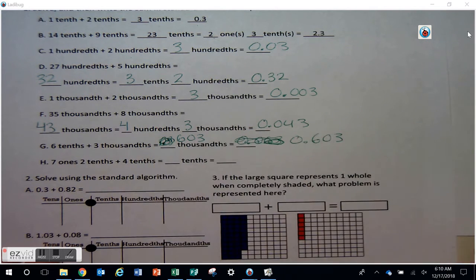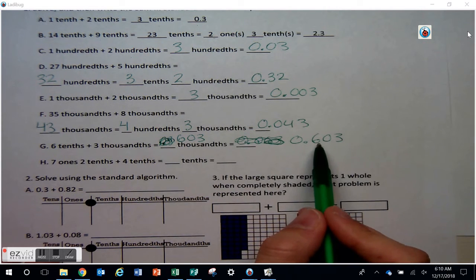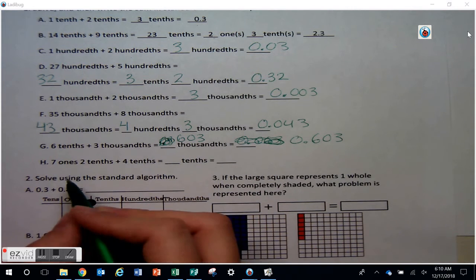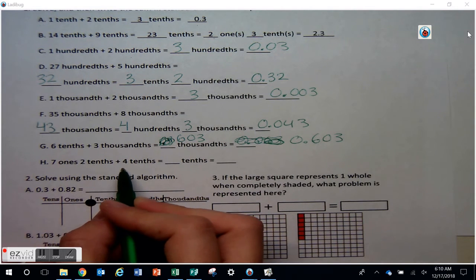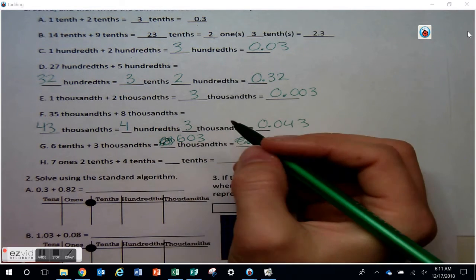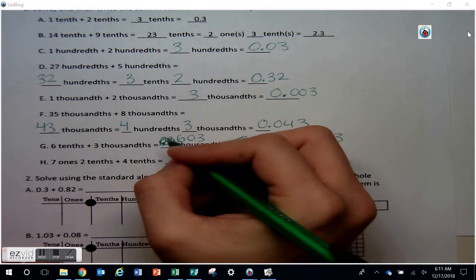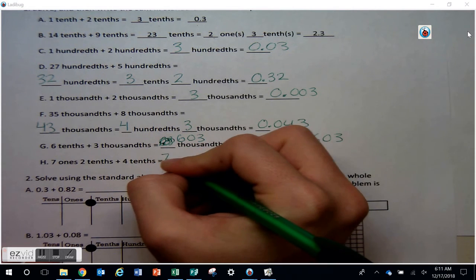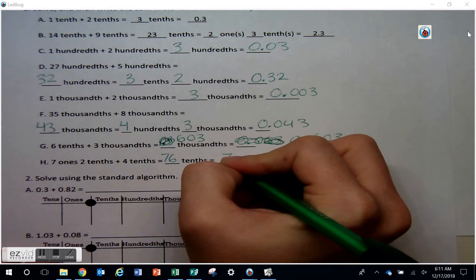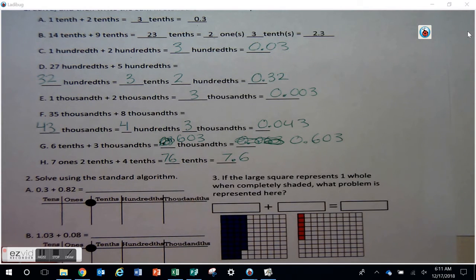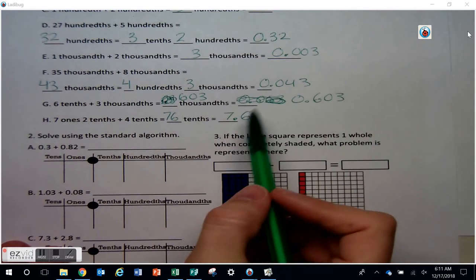Because the 6 needs to be in the tenths place. 7 ones, 2/10ths plus 4/10ths gives me 6/10ths, which is the same as 76/10ths. 7 and 6/10ths. Might be easier for you to start here and then go back sometimes, huh?